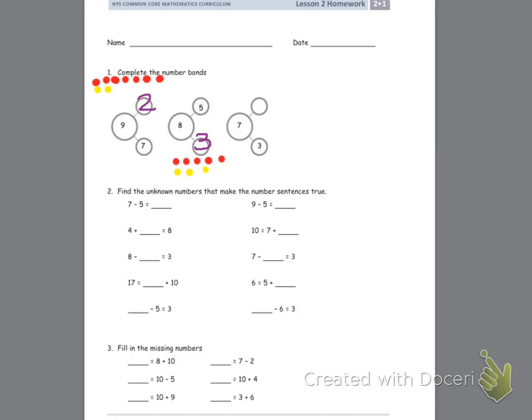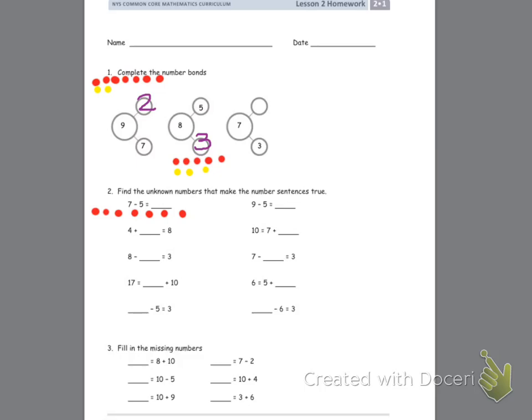For 7 take away 5, if your student does not know how to figure it out without using his or her fingers, you could have them draw 7 dots again. 1, 2, 3, 4, 5, 6, 7. And because it is subtraction, then your student could go ahead and cross out 5.